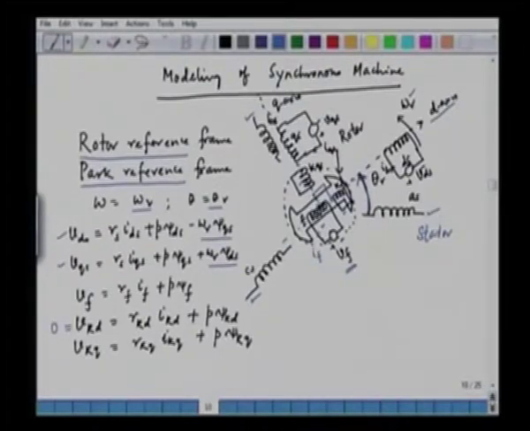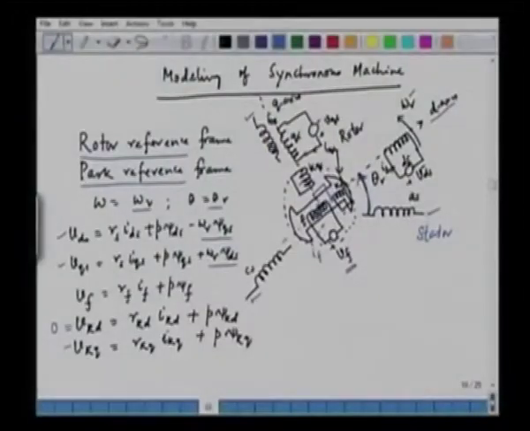They are meant for damping out the oscillation, and hence they are known as damper windings. Similarly, in the Q axis we have a damper winding, and that is also shorted. So, we can put that equal to 0, which equals RKQ into IKQ, the resistance drop in the Q axis damper, plus P psi KQ, the rate of change of flux linkage.